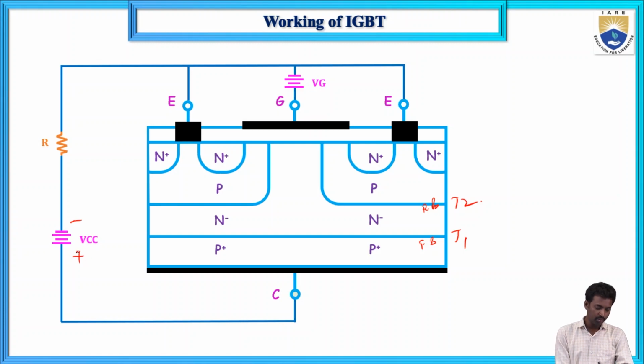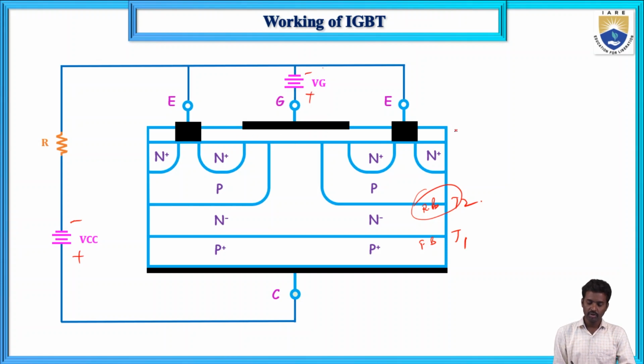Now when the collector is positive with respect to the emitter, with VCE, VCC, because of this reverse bias condition, no current flows. Now what will happen when the gate is connected plus and minus?